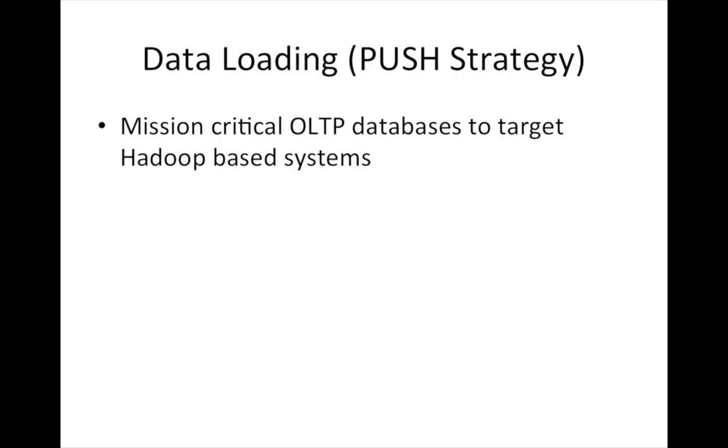So the approach will be that source system will give you the data, and then you have to load into Hadoop. So there will be a staged environment called file servers, which will act as a client for Hadoop. So you need to have Hadoop binaries on that, and you will copy the data into HDFS. We will see a little bit of detail when we do the demo, but that is the overall approach.